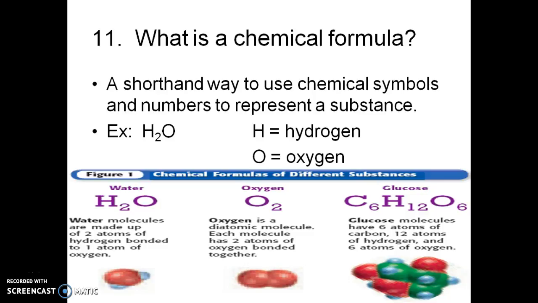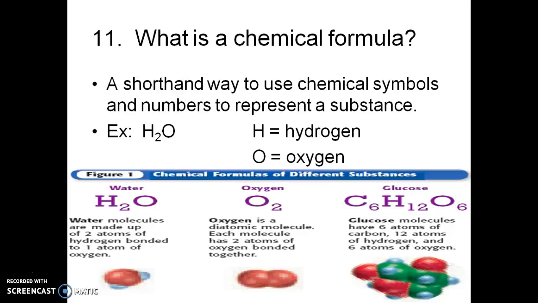Question 11, what is a chemical formula? We've just seen some chemical formulas on the last few slides. So a chemical formula is basically just a shorthand way that we use symbols and numbers to represent a substance. For instance, H2O represents water because it has 2 hydrogen atoms and 1 oxygen atom that have been chemically combined together or bonded together.